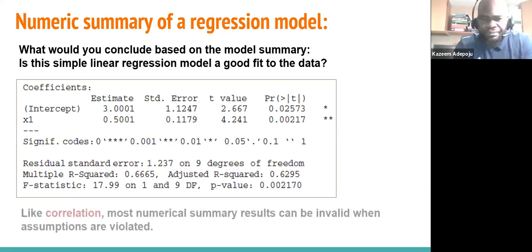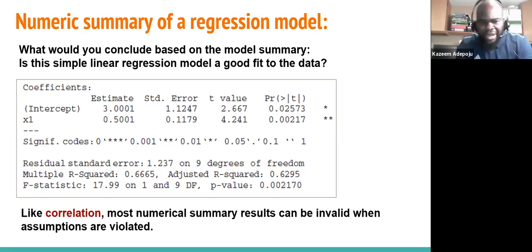Now, like correlation, most numerical summary results can be invalid when assumptions are violated. And that is the reason why we need to investigate assumptions.